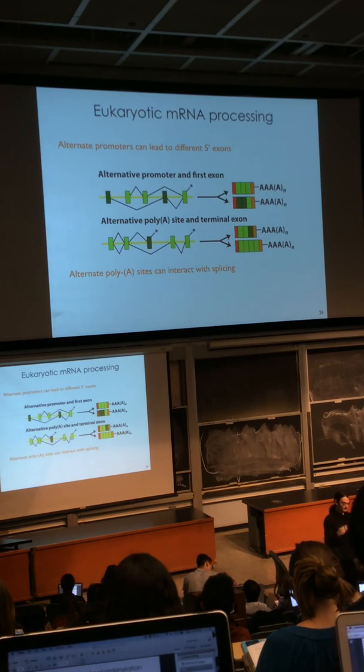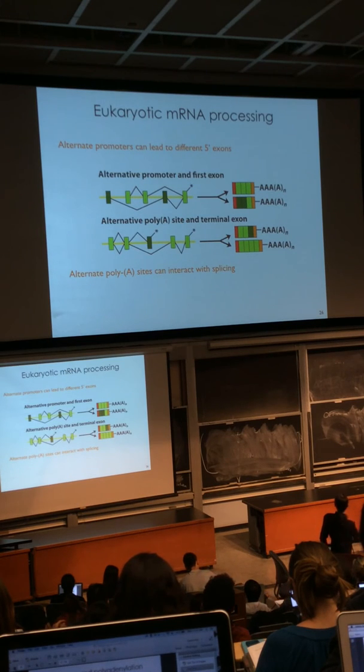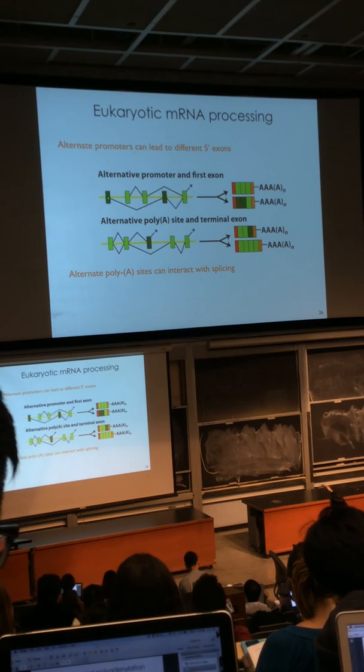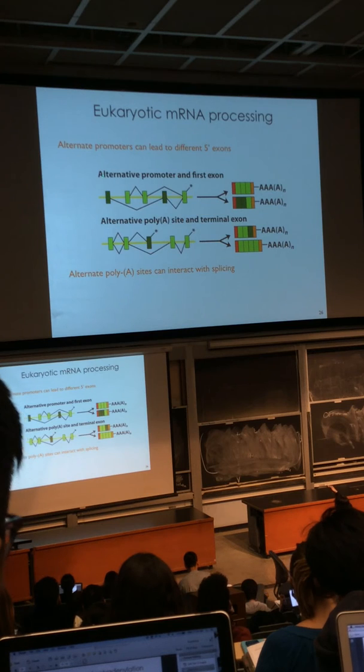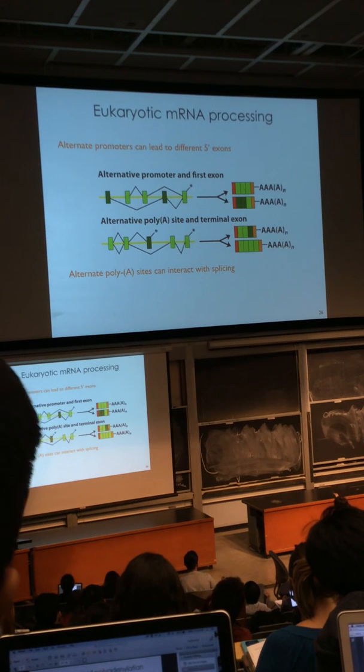So in addition to alternative processing that happens in the middle of an RNA, there are ways that choices of alternative promoters and alternative poly-A sites can change the exact RNA that's produced. So here's a case where you can get a longer transcript that's made by an upstream promoter that includes the dark green exons as well as this common exon.